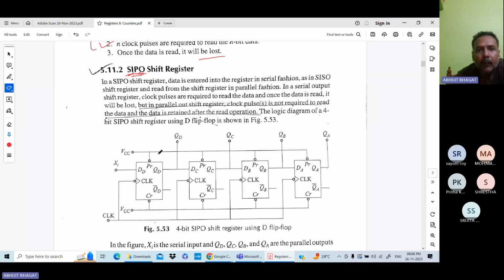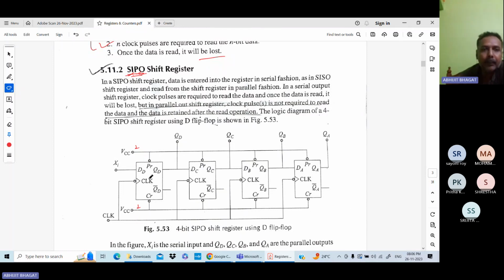For the normal operation, preset and clear are set to 1. 1 means it will be connected to VCC. Before that, to reset all the outputs, you will set the clear pin to 0. To make everything zero we set it to 0 here, but for normal operation we will connect it to VCC.